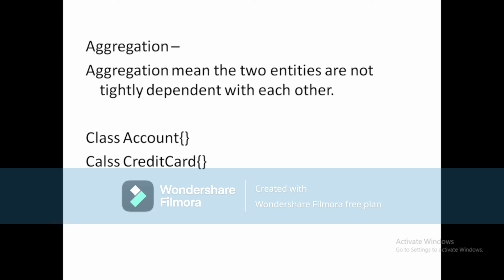If there are two classes that have separate existence, they can exist without each other. For example, I have an account class and a credit card class.